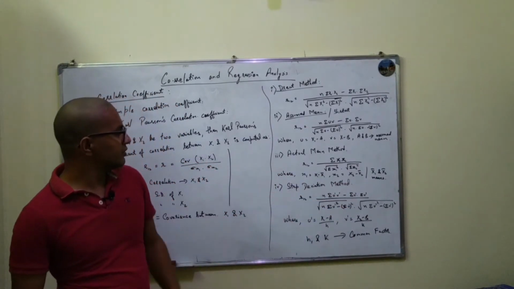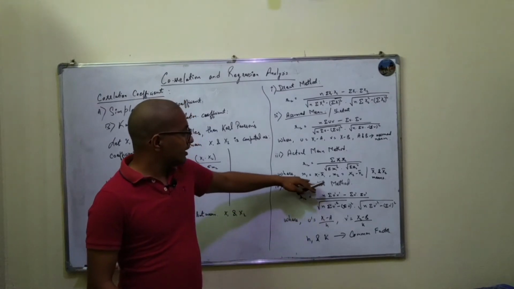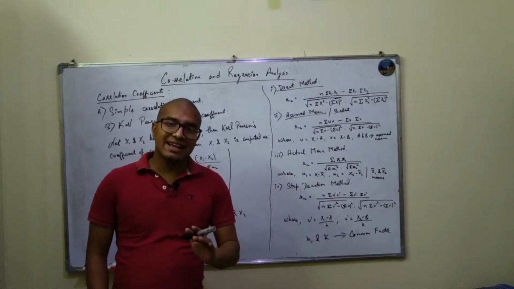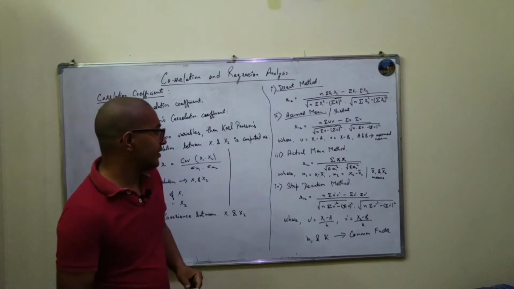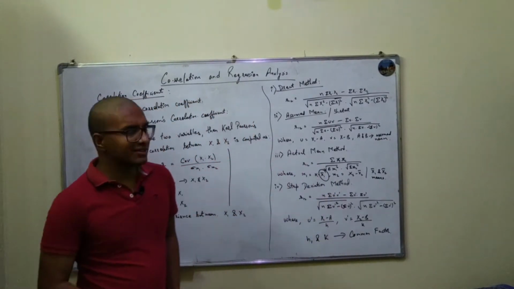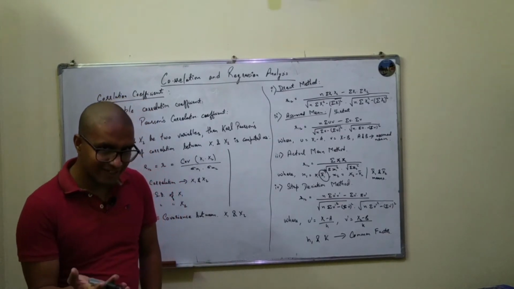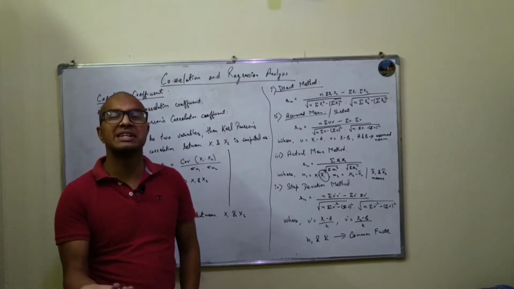Here x1 is x1 minus x bar. So what is x bar? x bar is summation x divided by n, right? That is your mean.